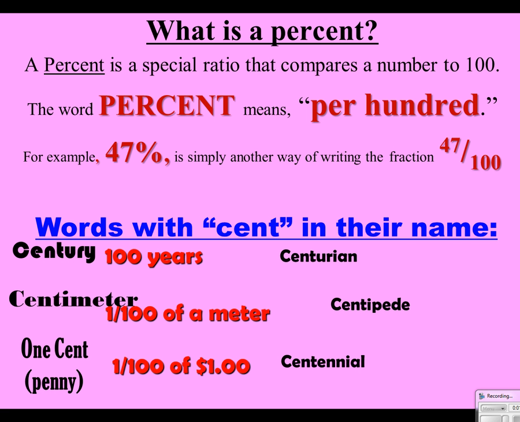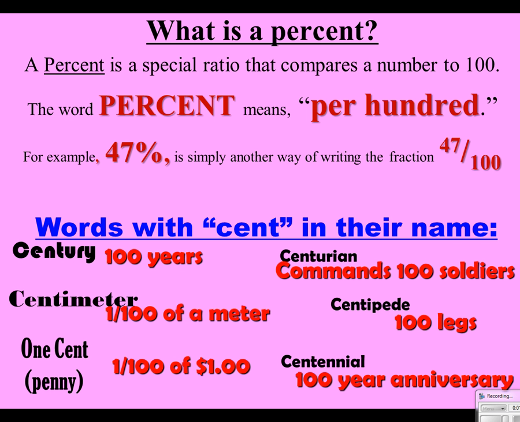A centurion, if you know your Roman history, is a commander who's in charge of 100 soldiers, kind of like the Navy SEALs of the Roman days. Centipedes, that's 100 legs, even though I don't think they have 100 legs. And a centennial is kind of like a century, but more of a 100-year anniversary.